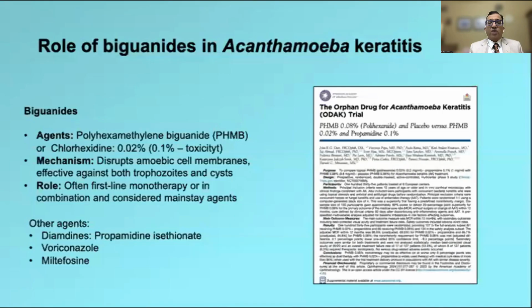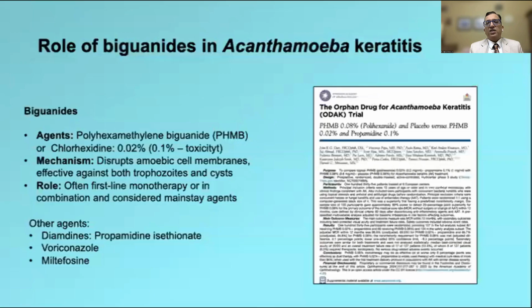A landmark paper for acanthamoeba keratitis was the ODAK trial, where Dr. Dart from Moorfields Eye Hospital showed us, in a randomized controlled trial, that using PHMB 0.08% alone had very good results and outcome.